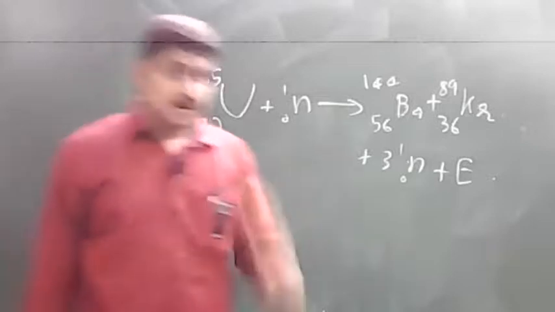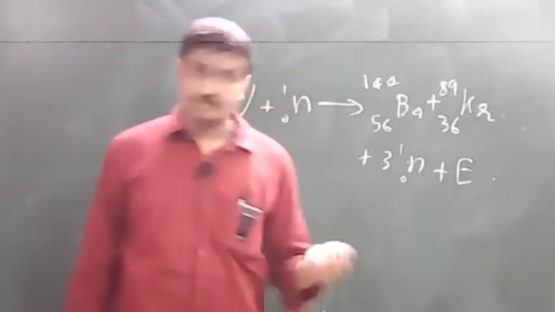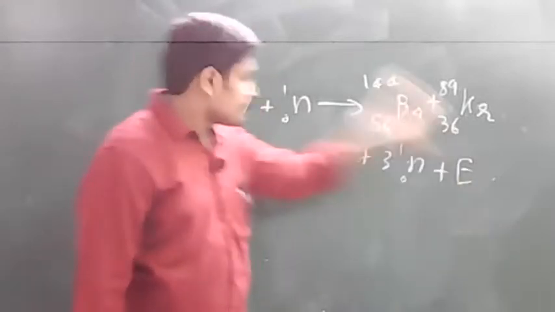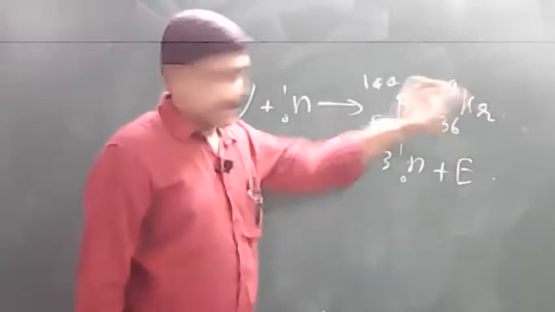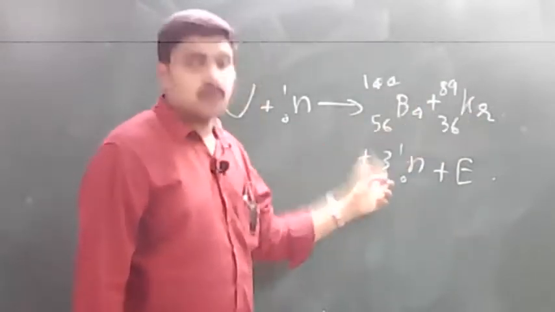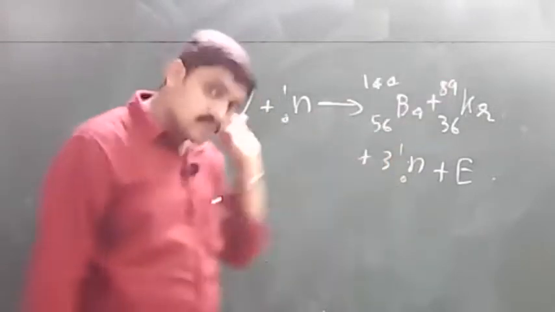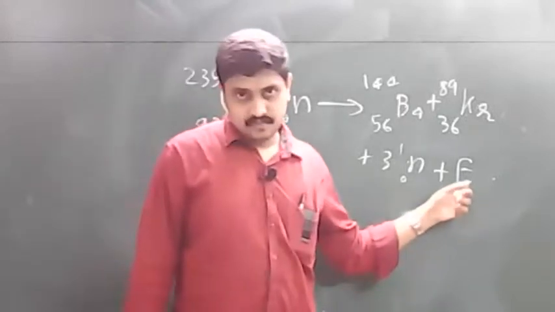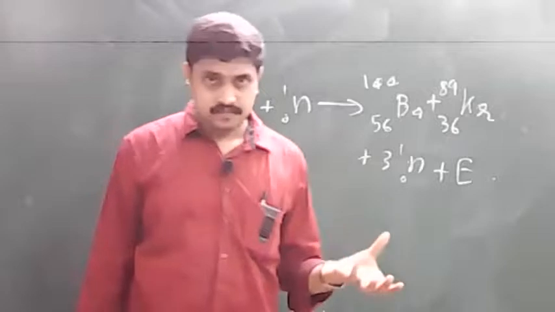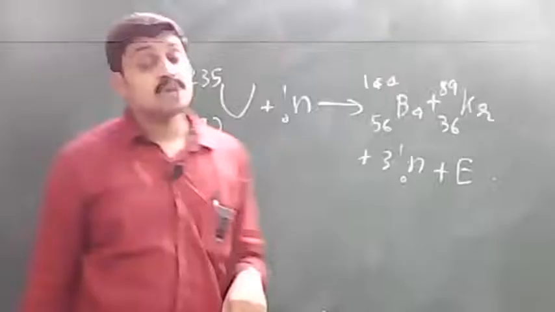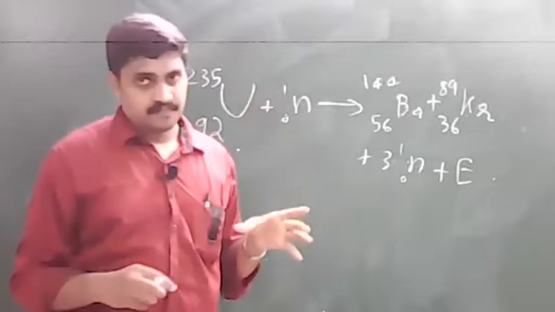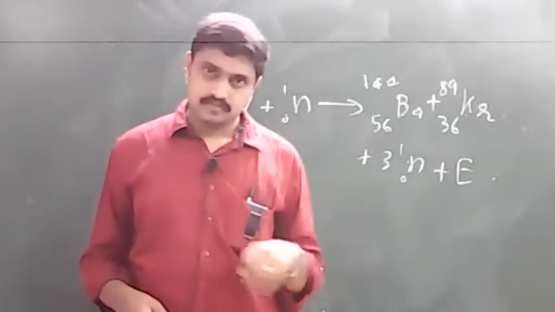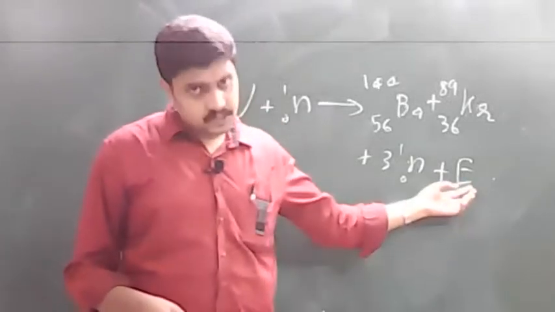Previously I mentioned mass can be converted into energy by Einstein's equation. A majority of the mass is in barium, krypton and neutrons, but a small portion is missing. The missing mass is converted into energy, and that energy is released. When mass is converted into energy, the amount is huge. That's why this much energy is released. So a huge amount of energy is released from each atom.